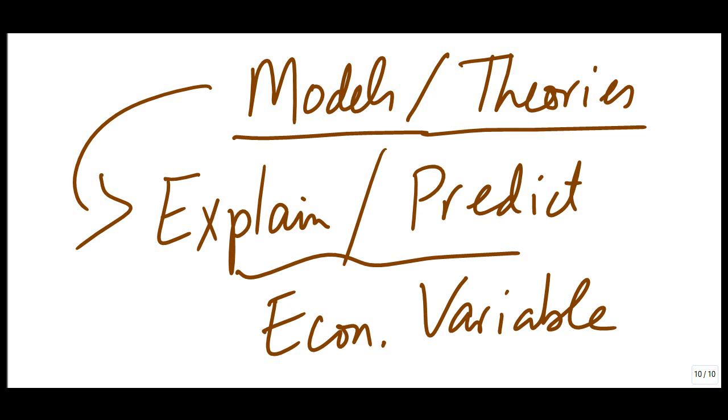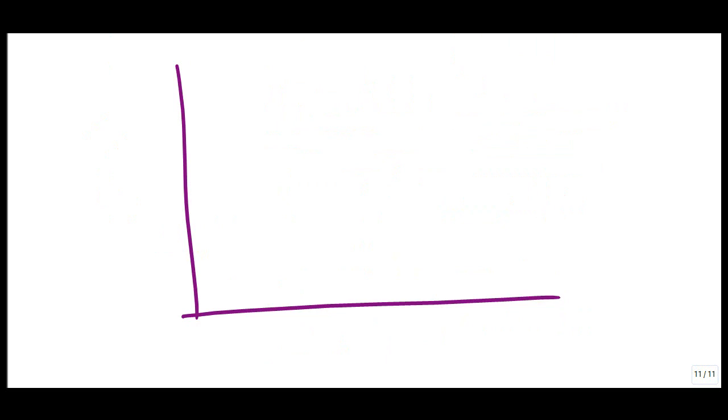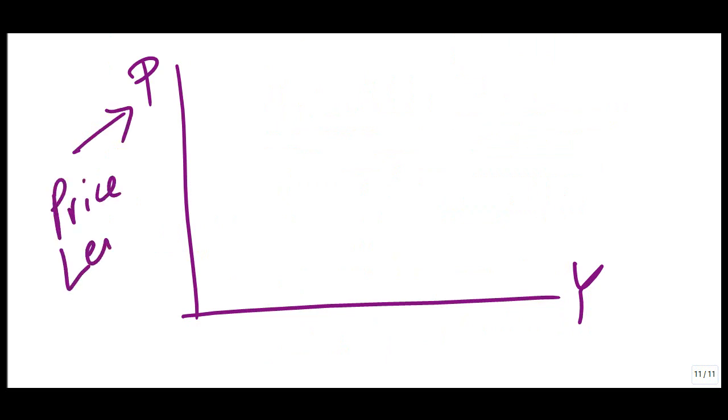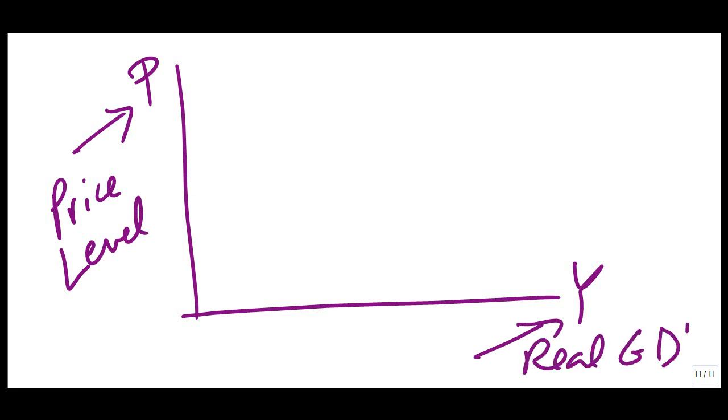Now, with respect to those models or theories, we're going to usually put them in diagrammatical form, and whatever variables we put on the axes, for example, P price level and Y real GDP, whatever we're putting on the axes, those are the variables that we're trying to explain.